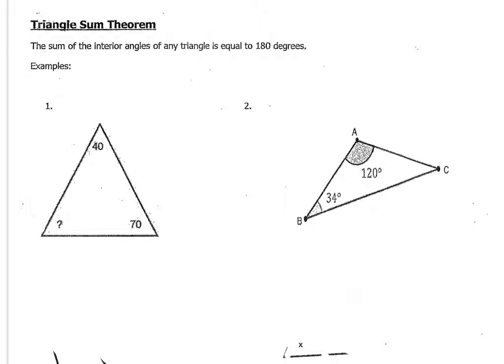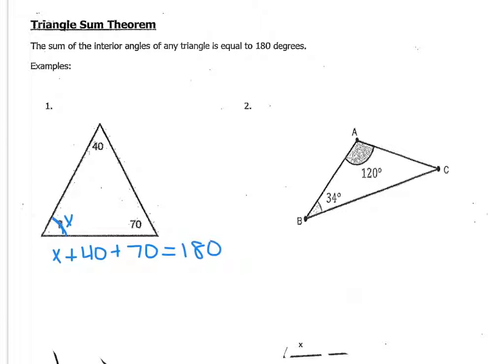So we need to find missing angles in triangles where we know some of the angles but not all of the angles. For example, if you take a look at this first question, we're missing this angle in the corner here. Since I know that all the angles add up to 180 degrees, I can write an equation. I can call this x, and I can do x plus 40 plus 70 equals 180.